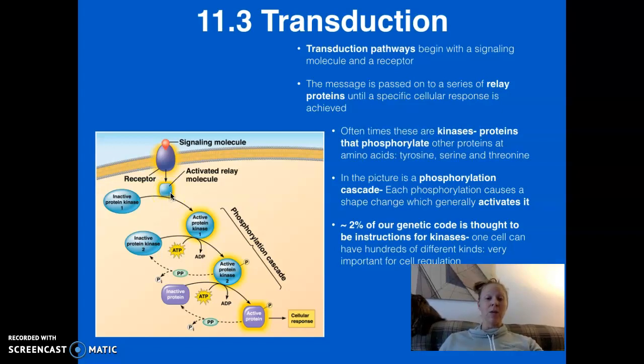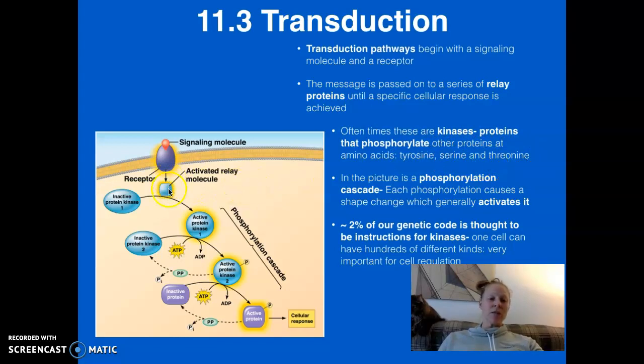The amino acids that can receive a phosphate are the tyrosines, the serines, and the threonines right here. And so a protein has to have one of these available to receive the phosphate.